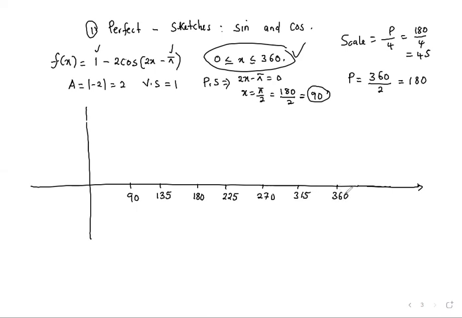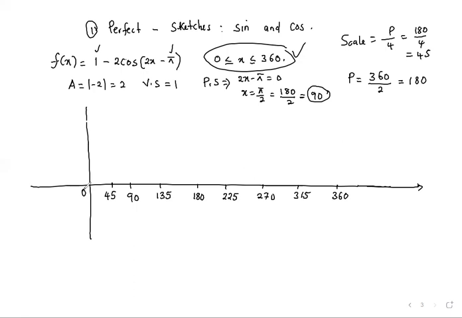The question says from 0. Perhaps you're starting from 90. So we go back and subtract 90 minus 45, minus 45. You see? Then now we start from 0.